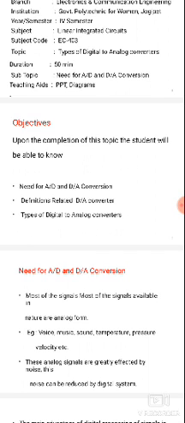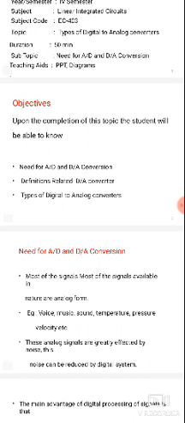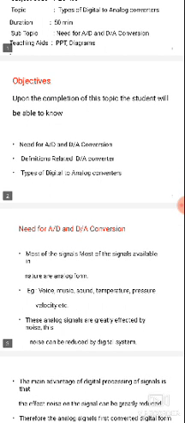So to overcome analog signal problems, we go for the digital signal. The digital signal is used for reducing the problems in analog signal. The main problem reduced in digital signal is noise. In digital signal, there is less noise and accuracy is more. Digital contains only fixed width and fixed amplitude.